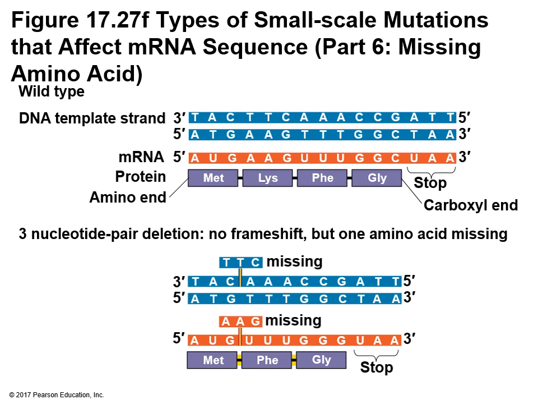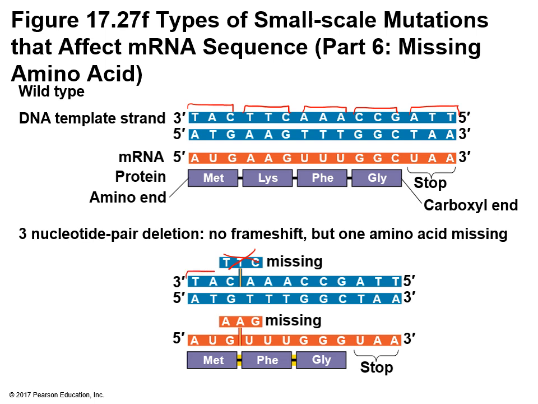Okay, so here we see an example of a deletion, but the deletion mutation does not lead to a frameshift mutation. And this is because it's not a single nucleotide deletion. It's a 3 nucleotide deletion. So in the original, again, we have TAC, TTC, AAA, CCG, and ATT. We have 5 triplets, but we're going to get rid of TTC, the second triplet right here.